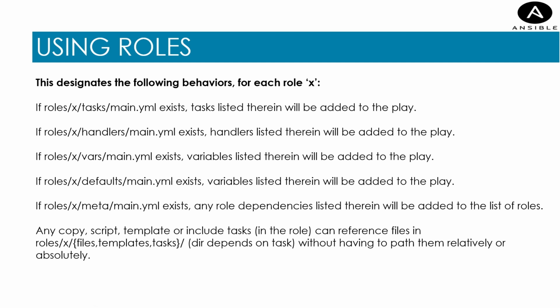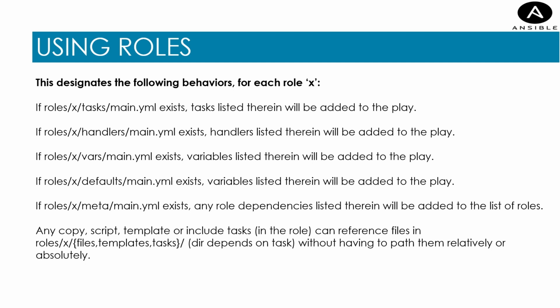If you have multiple roles, then what will happen? This defines the following behavior for each role X. Let's say we have install Java, install Git, install Tomcat, install httpd, and we will call each of these X. If roles/X/tasks/main.yml exists, the task list therein will be added to the play. If roles/X/handlers/main.yml exists, the handler list therein will be added to the play.